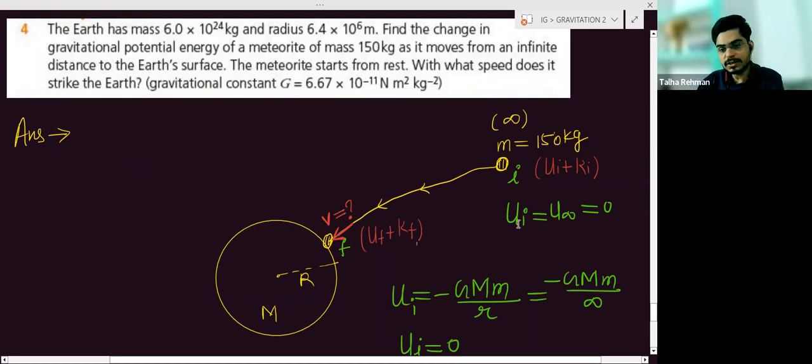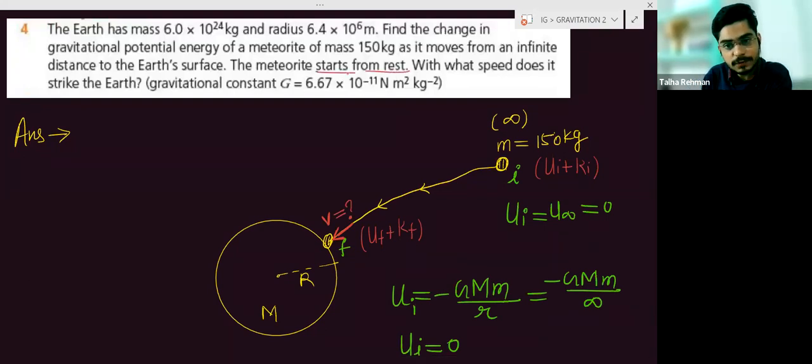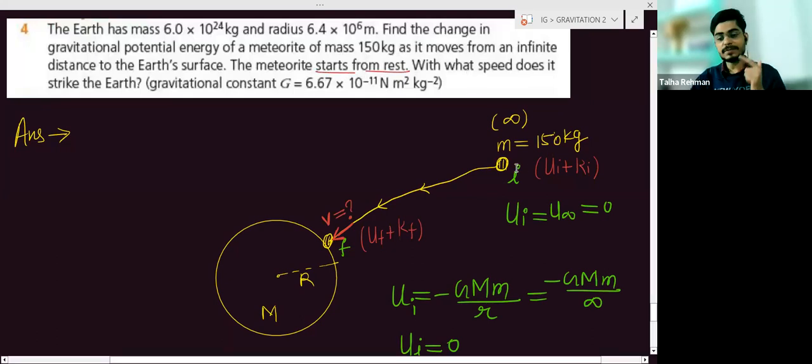So the initial potential energy of this mass is 0, and the initial kinetic energy is also 0, because they are saying the meteorite starts from rest. If it is starting from rest, its speed will be 0. If its speed is 0, then its kinetic energy will be 0.